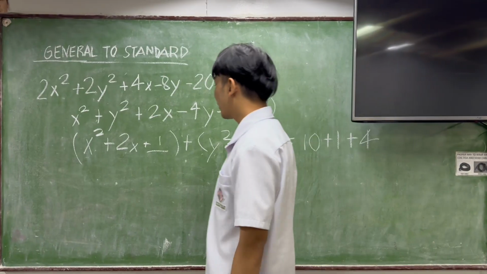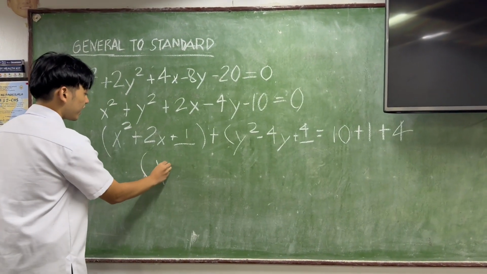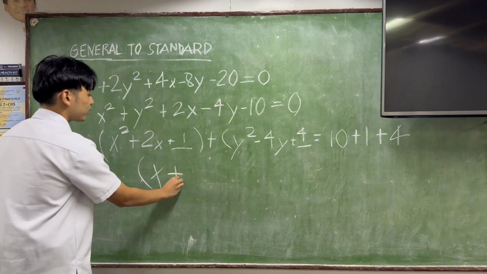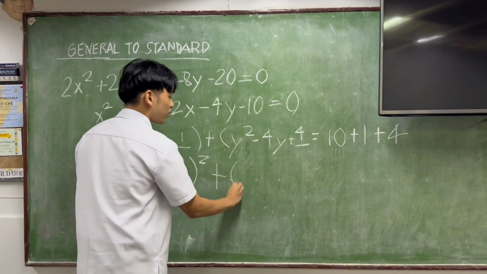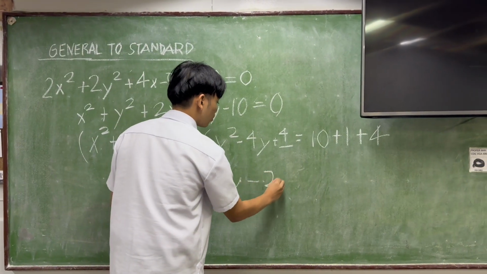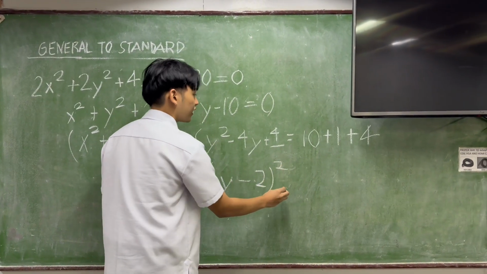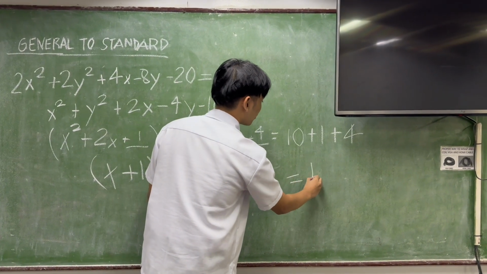Now, let's factor this equation. (x plus 1) squared plus (y minus 2) squared is equal to 15.